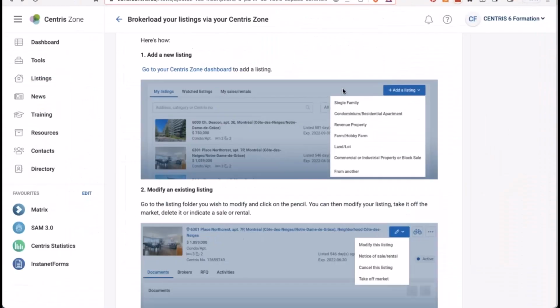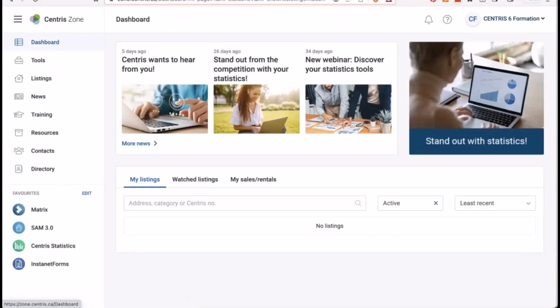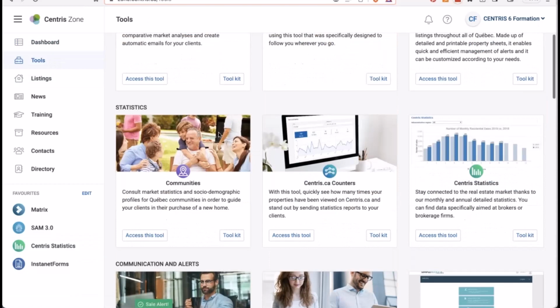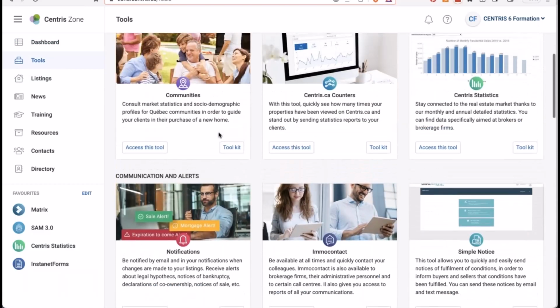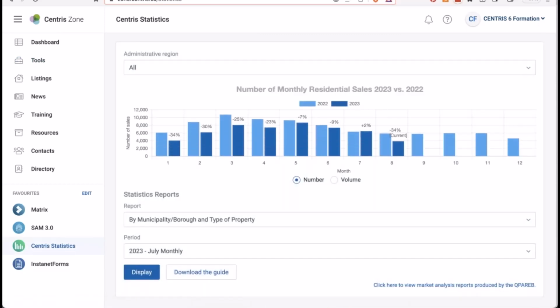So moving along, in the dashboard here, you have your favorites on the left, and you might want to add Centris Statistics if it isn't already there. Otherwise, you can go into Tools and scroll down to Centris Statistics and access the tool.